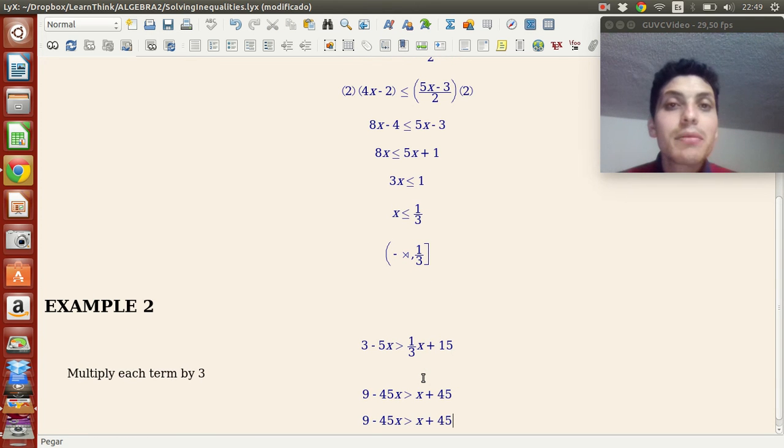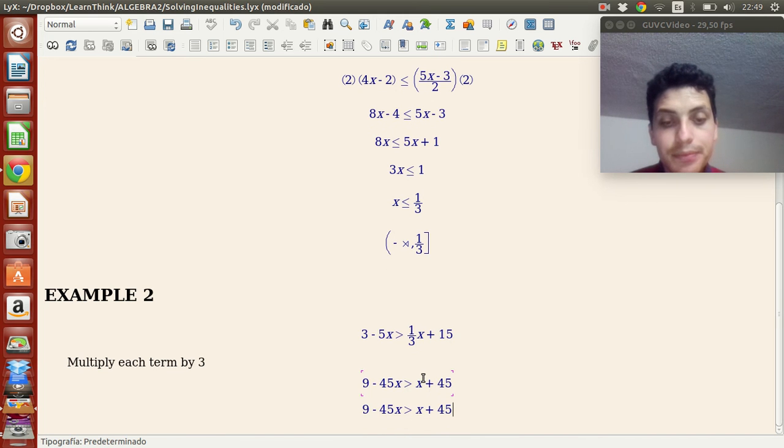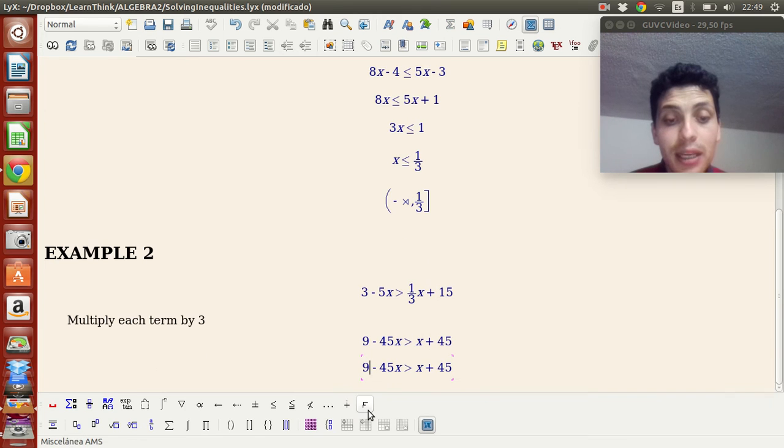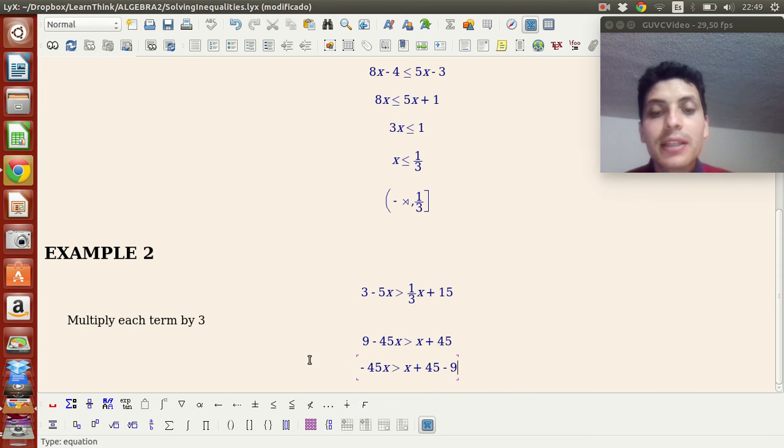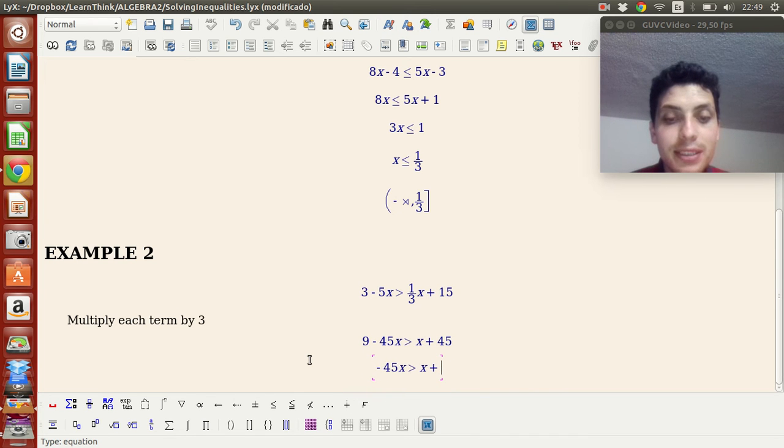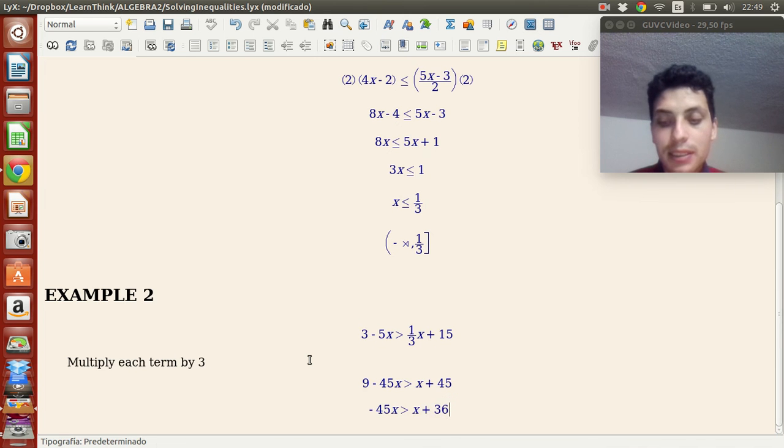Now the next step will be to subtract or add. So I'm going to subtract 9 from each side of the inequality. 9 minus 9 is 0, and 45 minus 9 is 36.